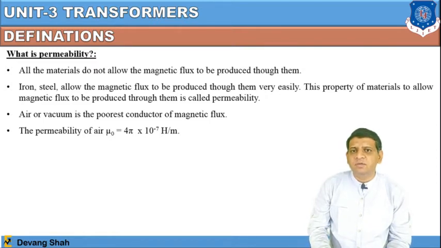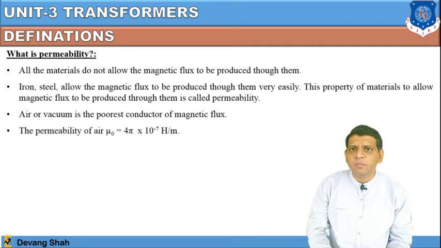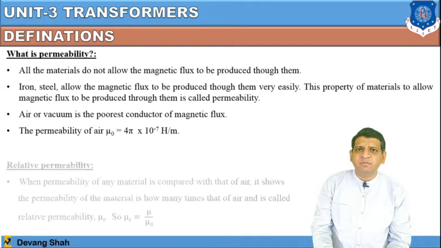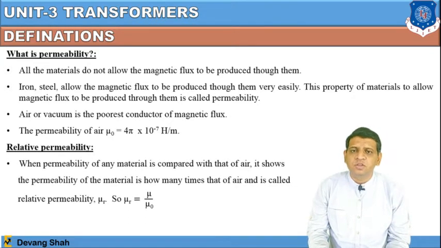Here we always define it in terms of relative permeability. Air or vacuum is the poorest conductor of magnetic flux. We denote permeability as mu, and mu 0 is equal to 4 pi into 10 to the power minus 7 Henry per meter. With this, the relative permeability mu r is equal to mu divided by mu 0.